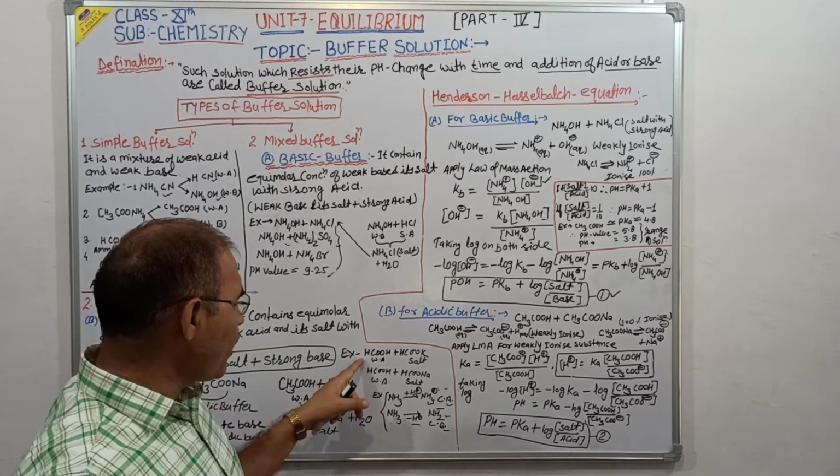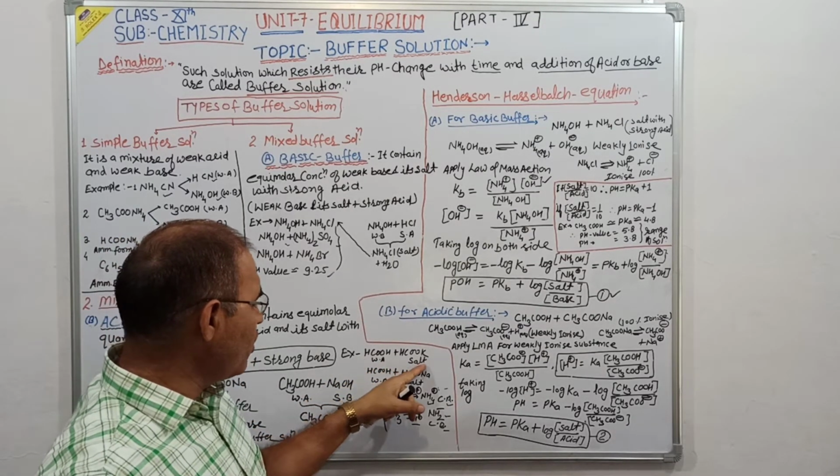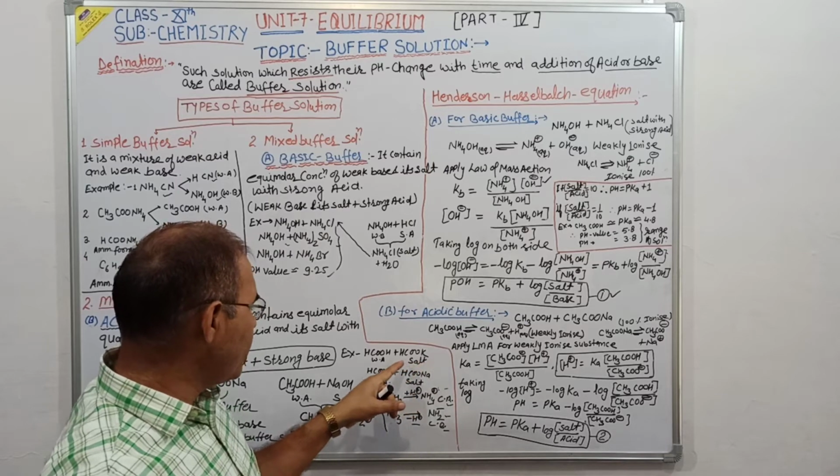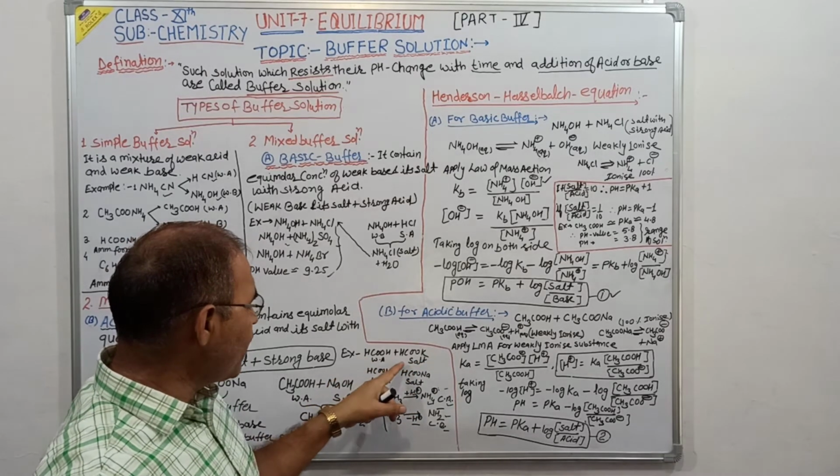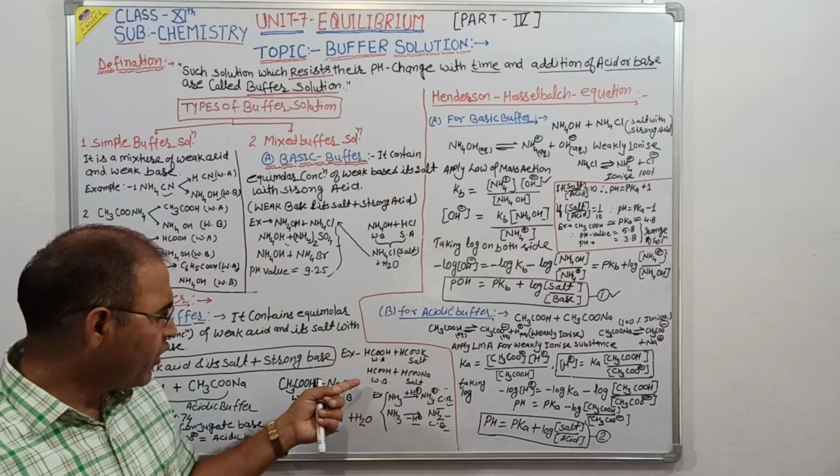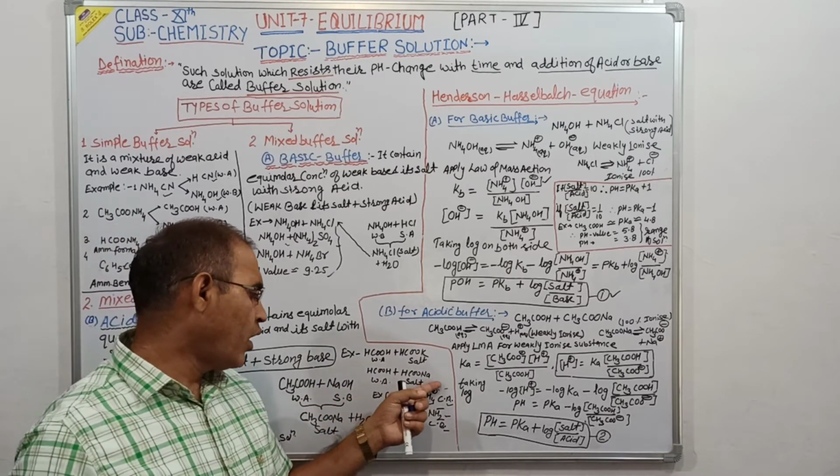Another example is a weak acid and the salt of a weak acid: formic acid plus potassium or sodium formate, and acetic acid plus sodium acetate.